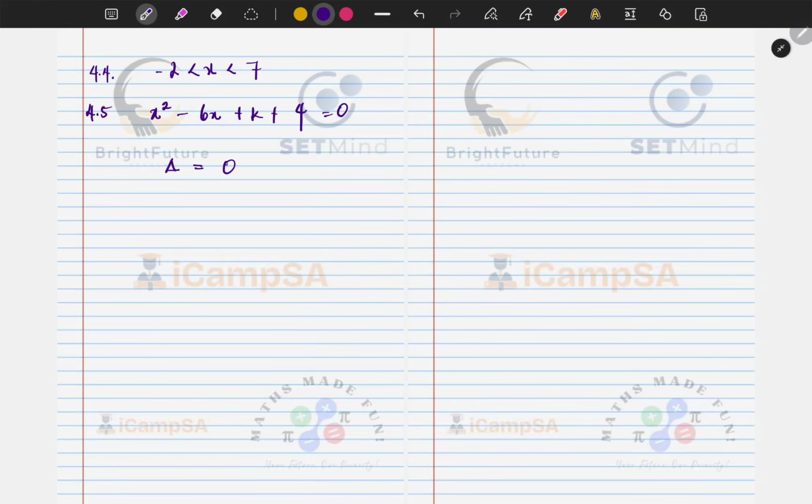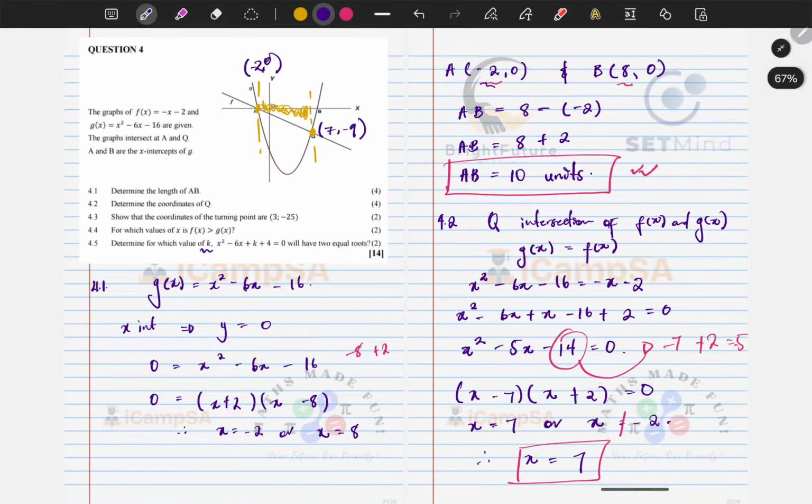That's the easiest way we can find the value of k that will make this equation have 2 equal roots. Remember what the question is saying: determine for which value of k, not the values of k. So we are going to consider 1, but it could have been any value that is greater than or equal to 0.